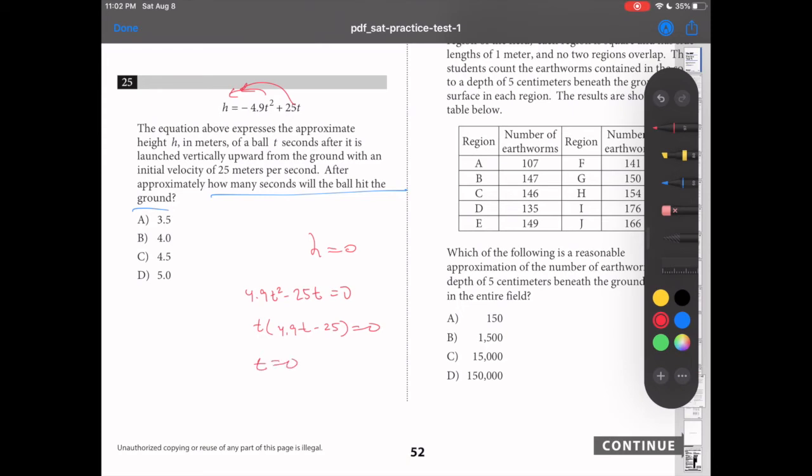That's right, because if you launch it vertically upward, initially at time equals 0, the height's going to be 0, and then it has to fall down, right? And all you have to do is solve for the other t. 4.9t equals 25. t is going to be around 5, because this is approximate. So t is around 5. Very simple.